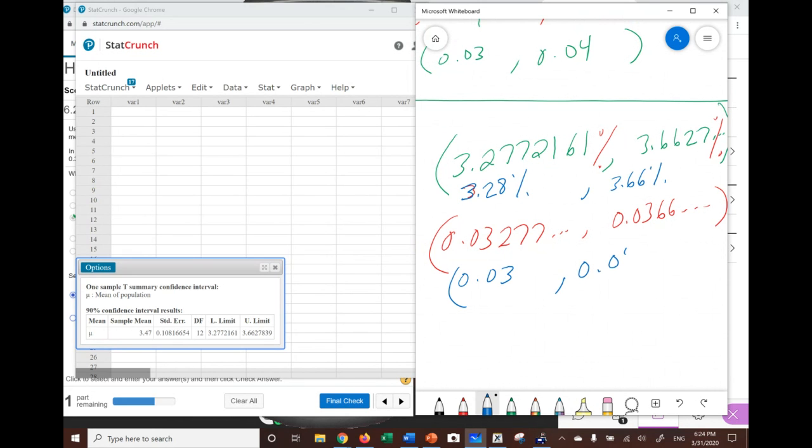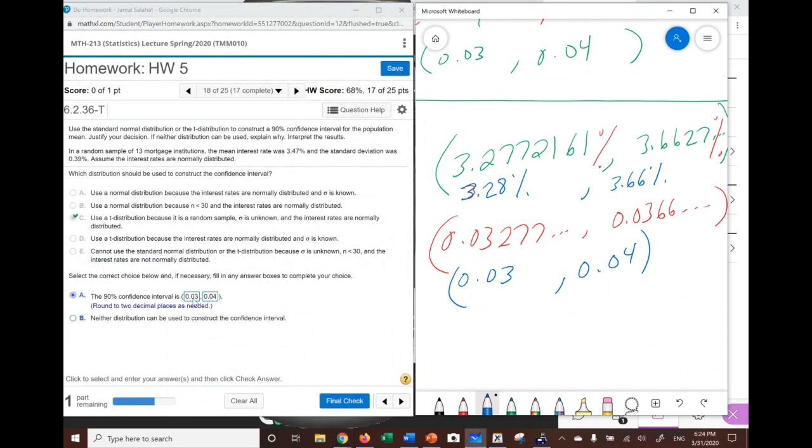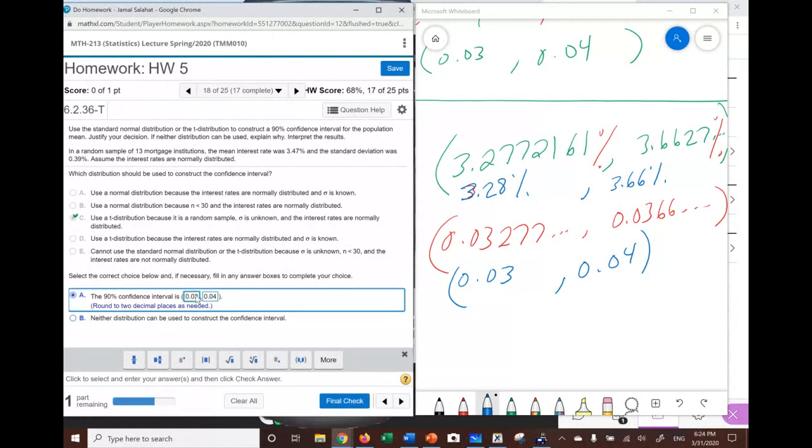So we try to put that in, and it didn't take it, and before I'm not sure what I put in. So let me just go back and try to put 3.28 and 3.66. Maybe I didn't do it the first time right, I'm not sure.